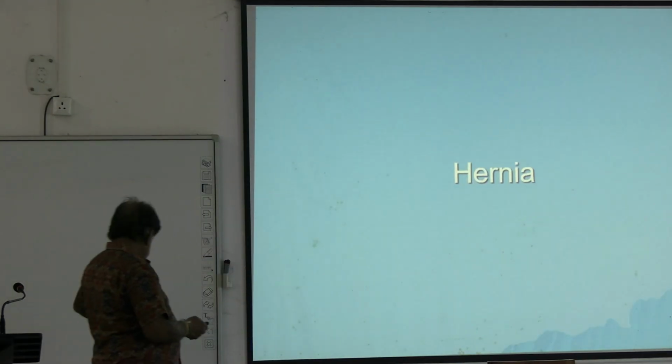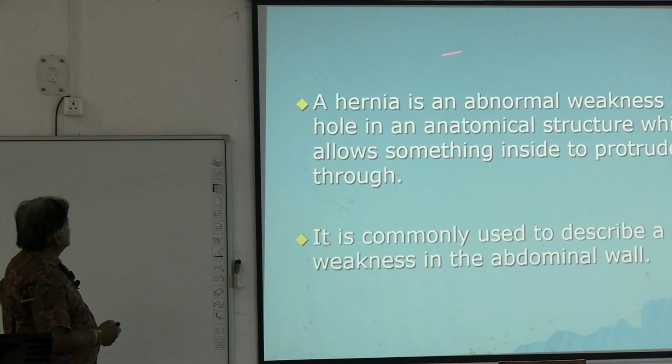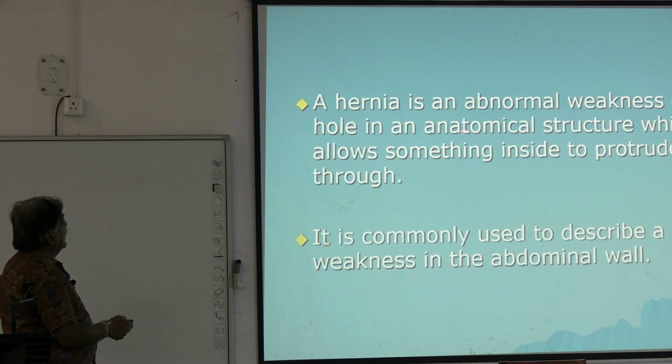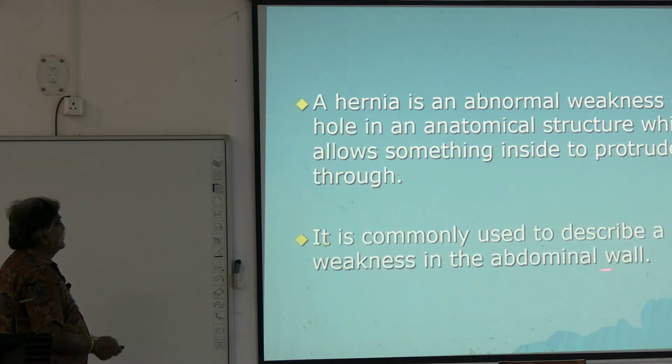Hernia. A hernia is an abnormal weakness or hole in an anatomical structure which allows something inside to protrude through. This is the definition. It is commonly used to describe a weakness in the abdominal wall.